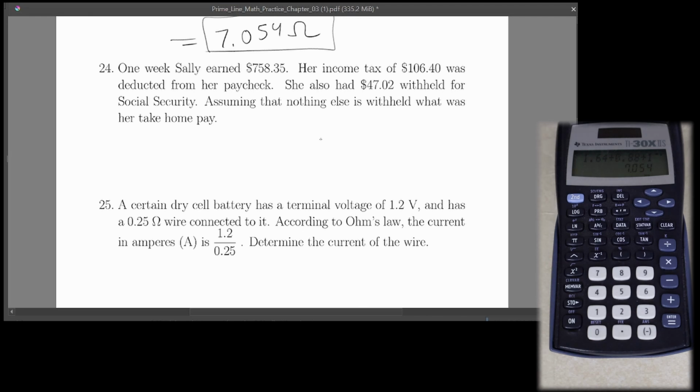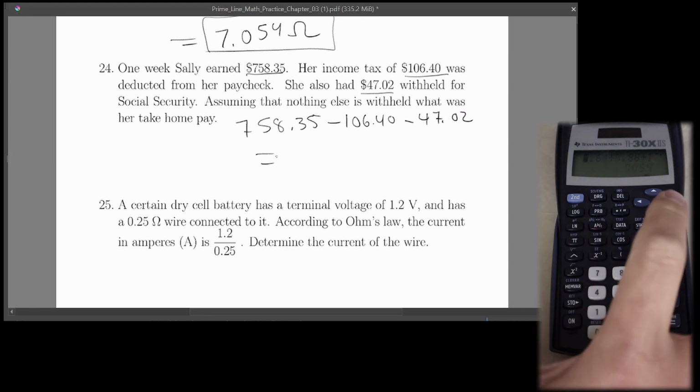Number 24. One week Sally earned this much money. Her income tax was this much, deducted from her paycheck. She also had this much withheld for Social Security. Assuming nothing else was withheld, what was her take-home pay? So we're starting with 758.35, and we're going to subtract 106.40, and then the Social Security, 47.02, is subtracted as well.